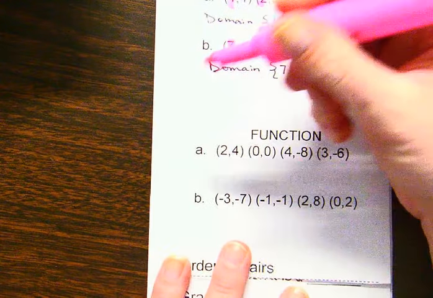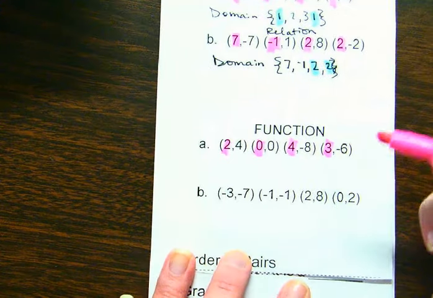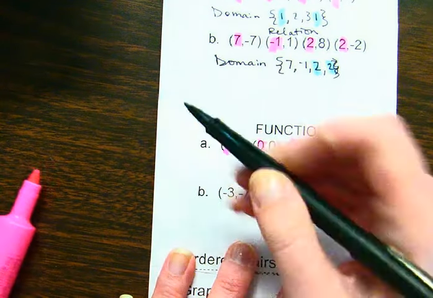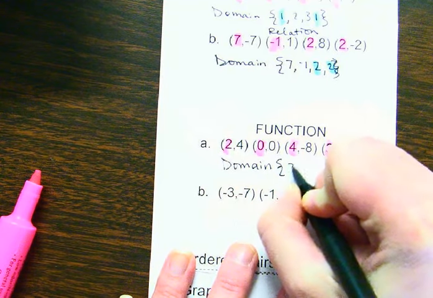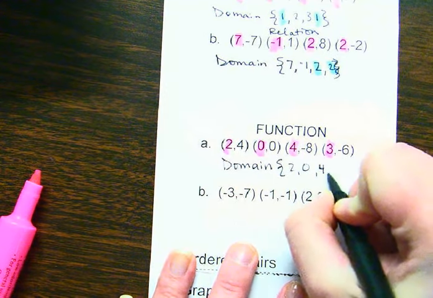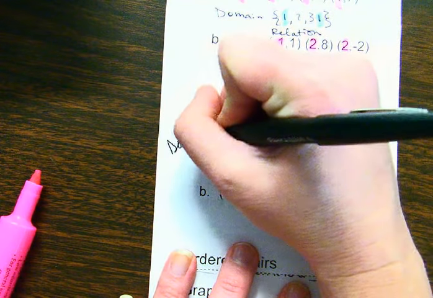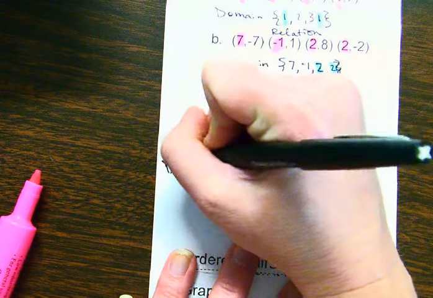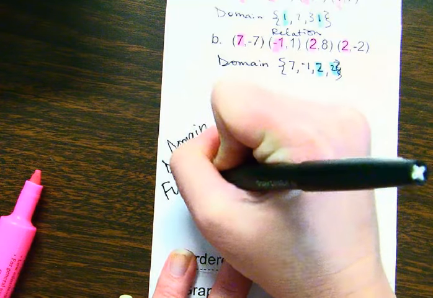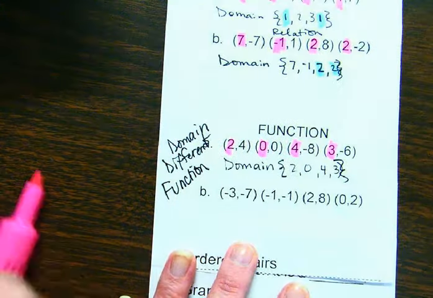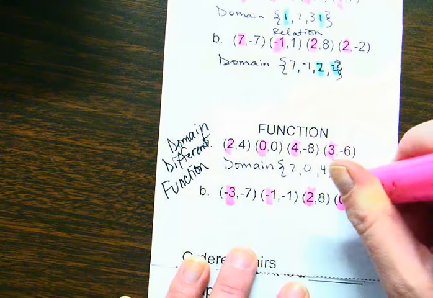Down here, these two examples are functions. 2, 0, 4, 3. My domain set is 2, 0, 4, 3. My domains are different. It's a function. This example, negative 3, negative 1, 2, and 0.